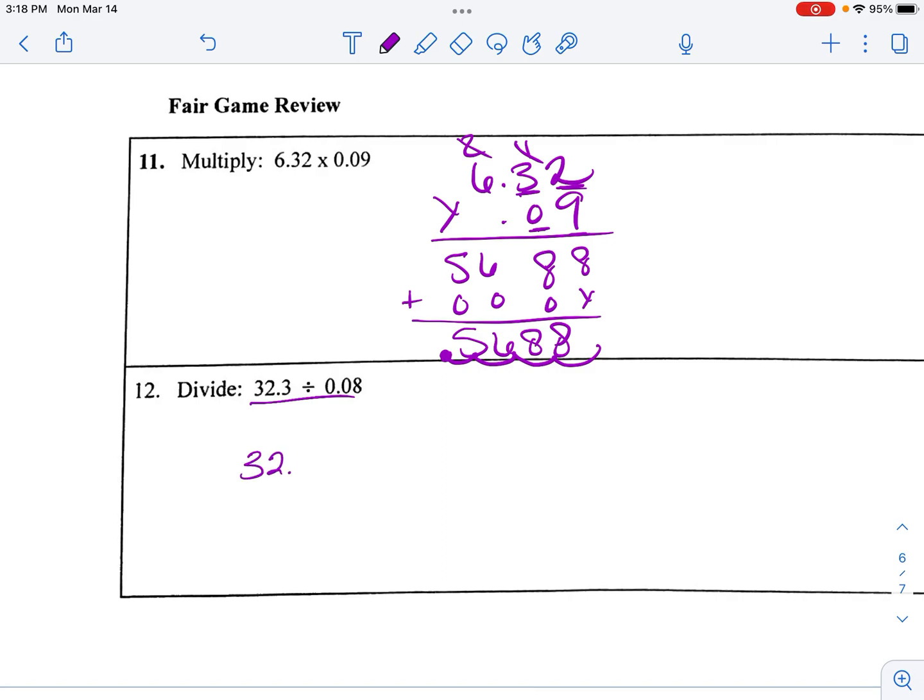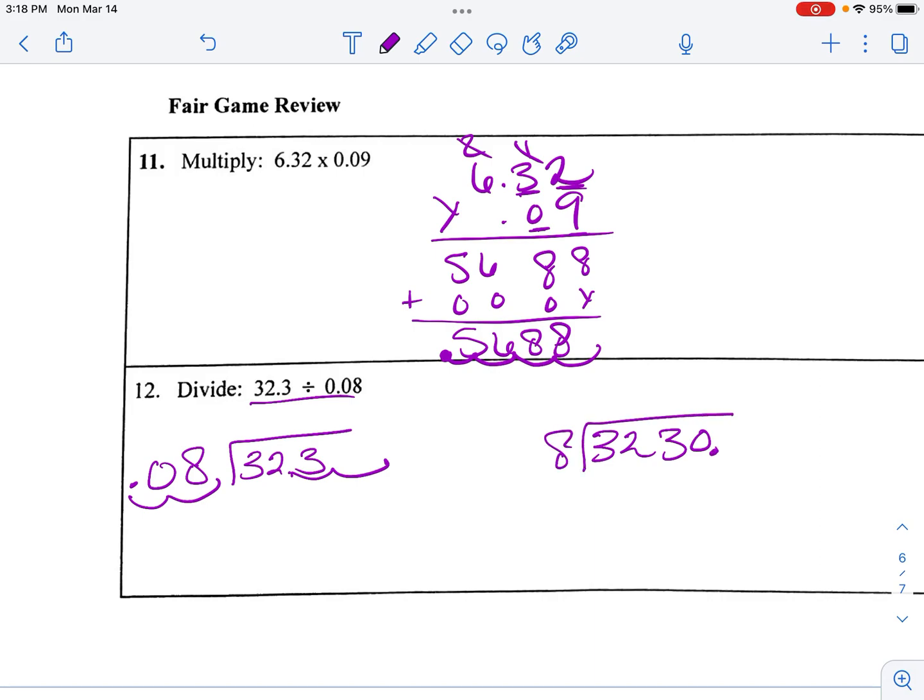And when you divide, the first number always goes on the inside, divided by the second number goes on the outside. Alert, you may not have a decimal on the outside. We have to move it over twice on the outside, which means twice on the inside. So our new problem is 3,230 divided by 8.